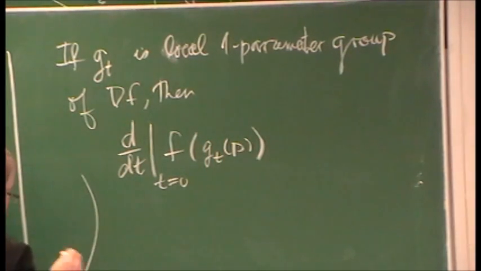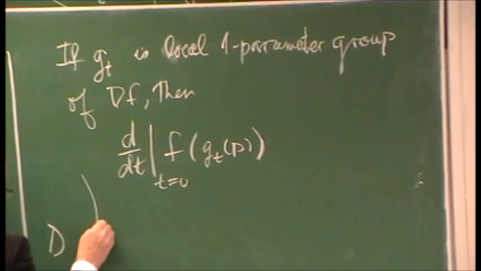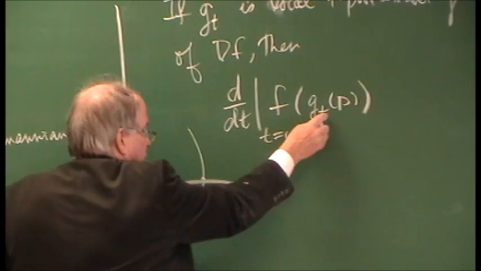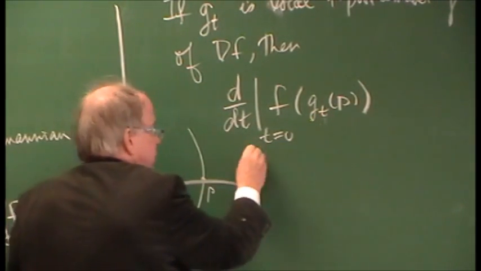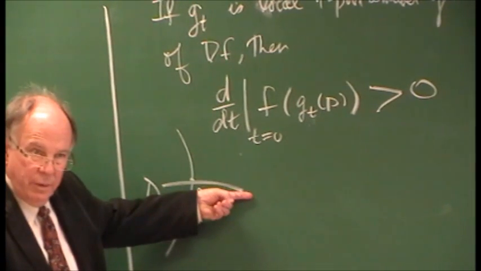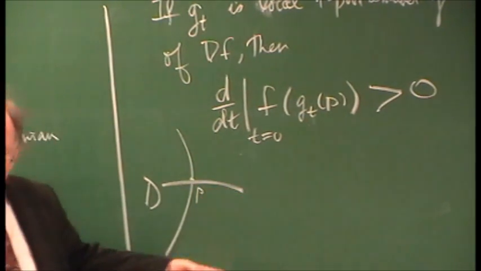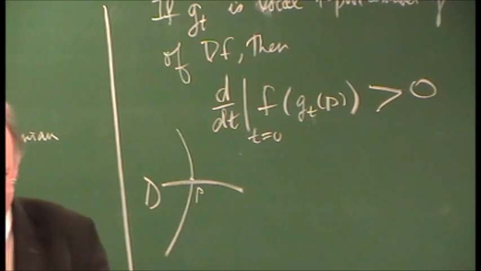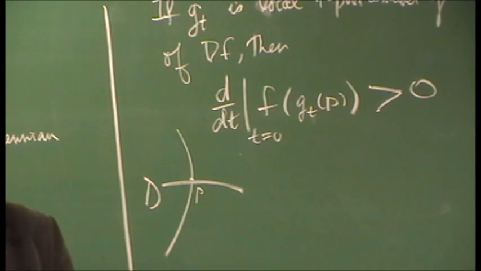So here is D, and say we start at the boundary, here's P, and now you push along an integral curve with the local one-parameter group. This derivative is positive. That means the function is increasing along that curve. This is really, really fundamental.